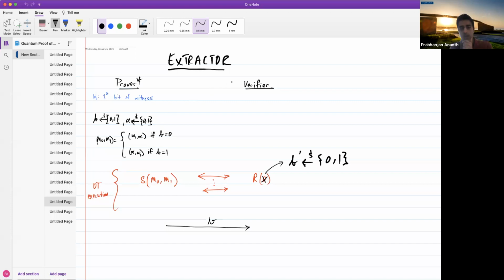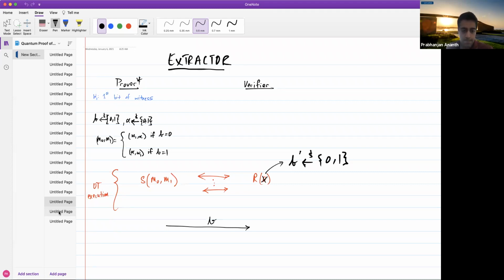What the extractor is going to do is, instead of setting the receiver's bit to be 0, it's going to set the receiver's bit to be B prime, where B prime is sampled uniformly at random.